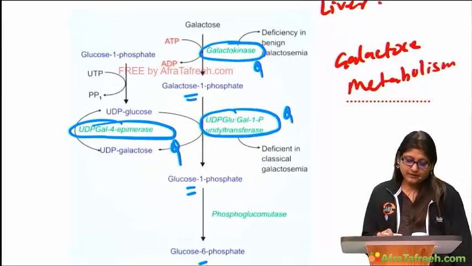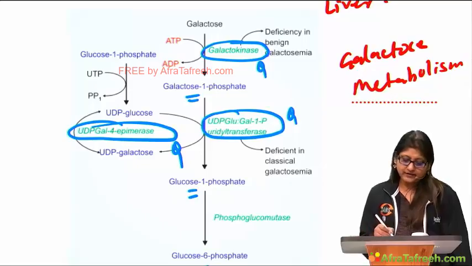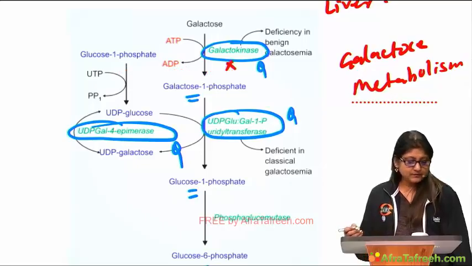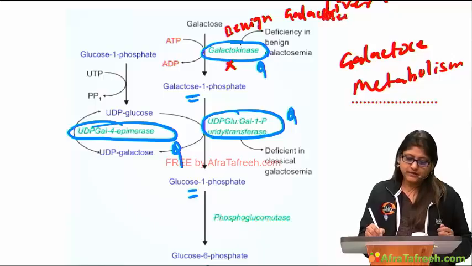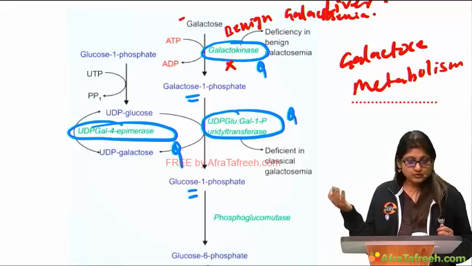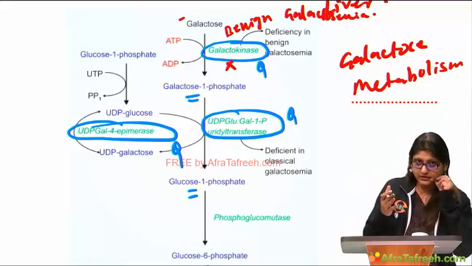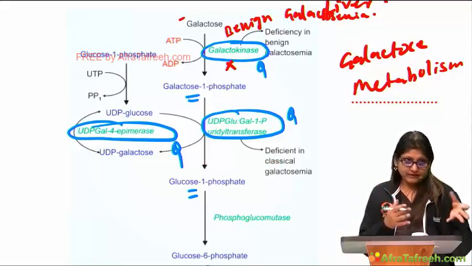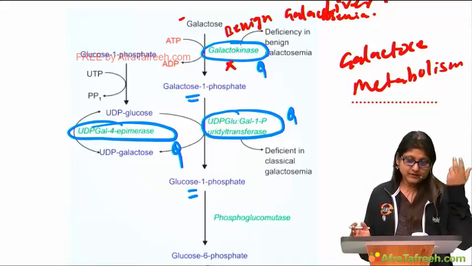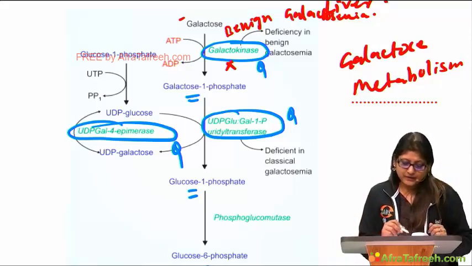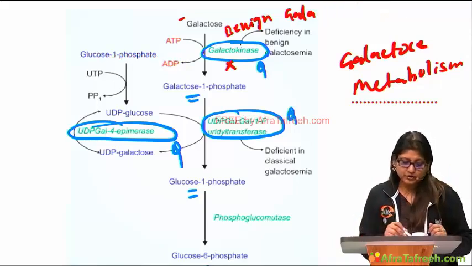Problem in galactokinase activity results in benign galactosemia, which is not that benign, because galactose is high in the blood, goes to the lens, where aldose reductase reduces the galactose, converting it to galactitol, which absorbs water and bursts the cell, leading to cataract. So benign galactosemia also has cataract as a feature.